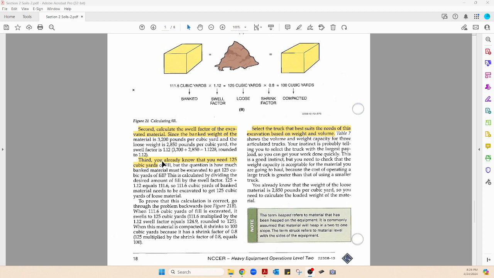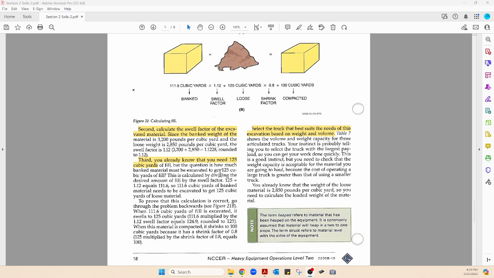The third thing we need to do: you already know you need 125 cubic yards of fill. But the question is, how much bank material do I need to dig up to get that 125 cubic yards of fill? We're taking bank yards and turning it into loose yards.